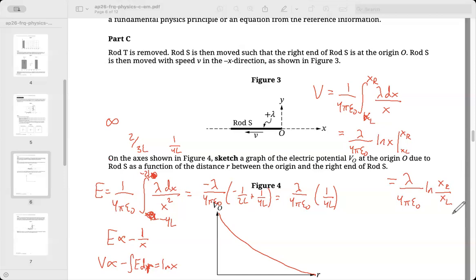Okay, so when both of them go to infinity, that means you're going to get a potential of zero. So when XR goes to infinity, because that's where the right end of the rod is, right, then you're going to have a zero potential. When XR is at 2L and XL is at 4L, you're going to have natural log of a half.